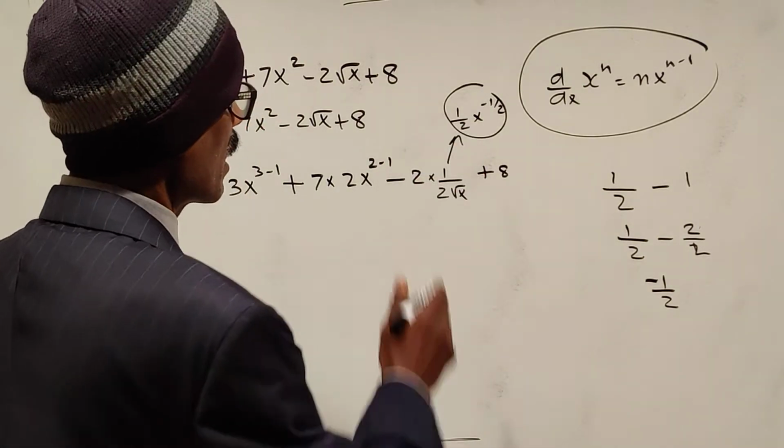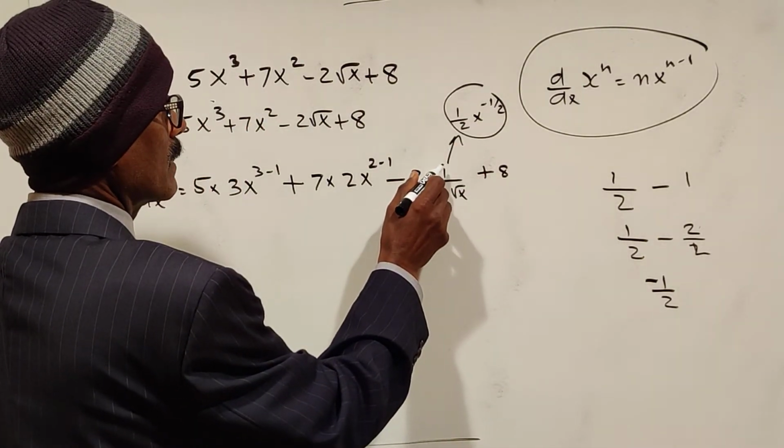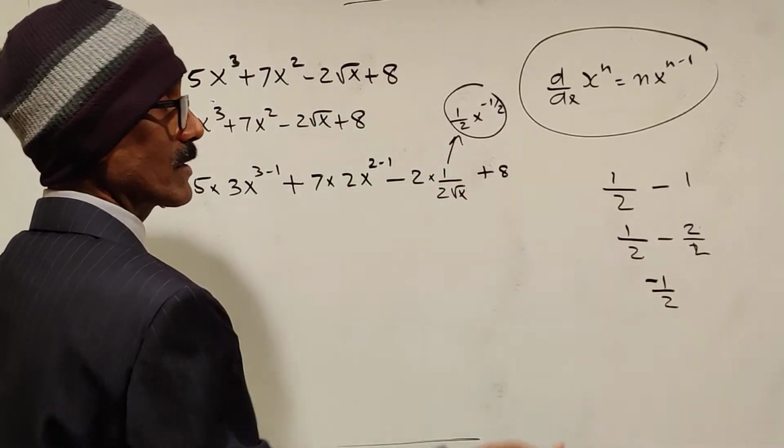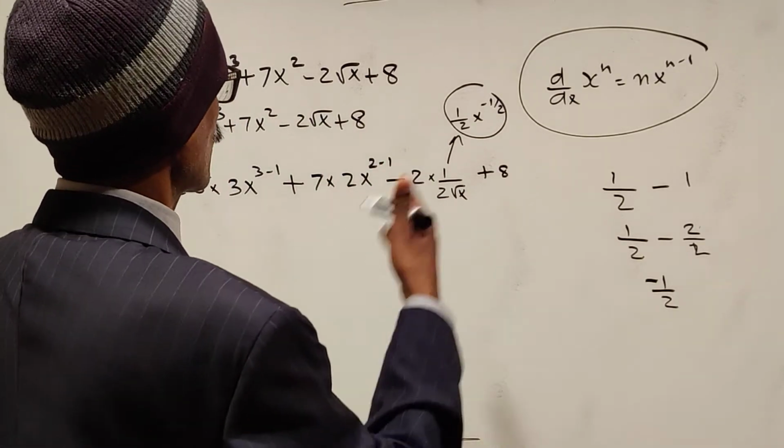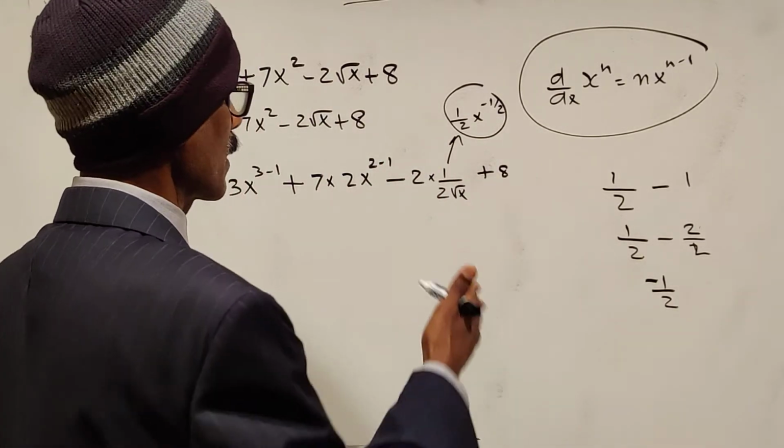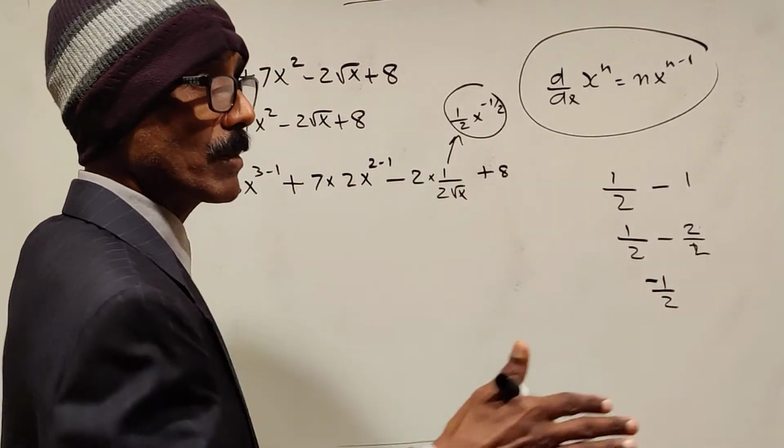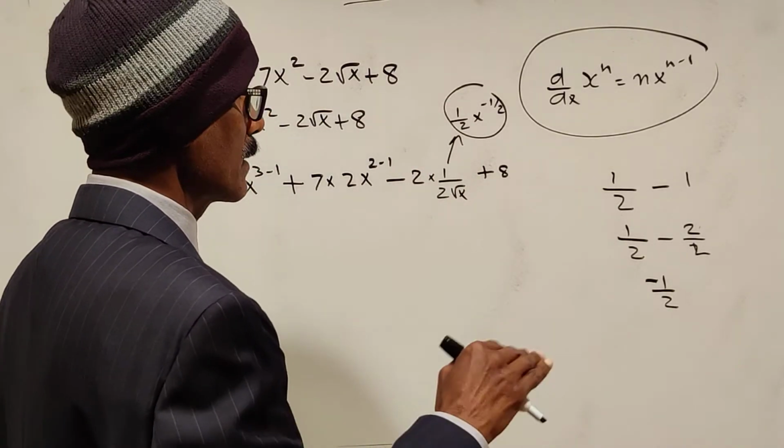It is better to learn that the derivative of root x is 1 by 2 root x. Whenever there is a square root of x, you just write 1 by 2 root of whatever is inside the square root.